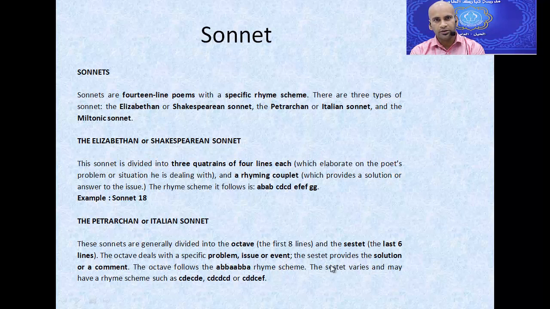Then the sestet provides a solution or comment. The octave follows the ABBA, ABBA rhyme scheme. The sestet varies and may have a rhyme scheme such as CDE, CDE, CDC, DCD, or CDD, CEF. So now we are going to deal with a Petrarchan sonnet.